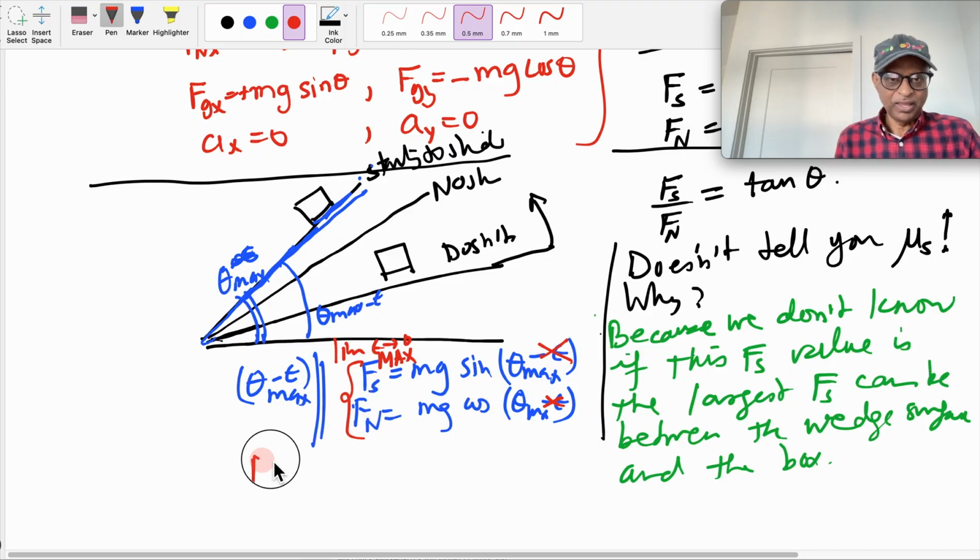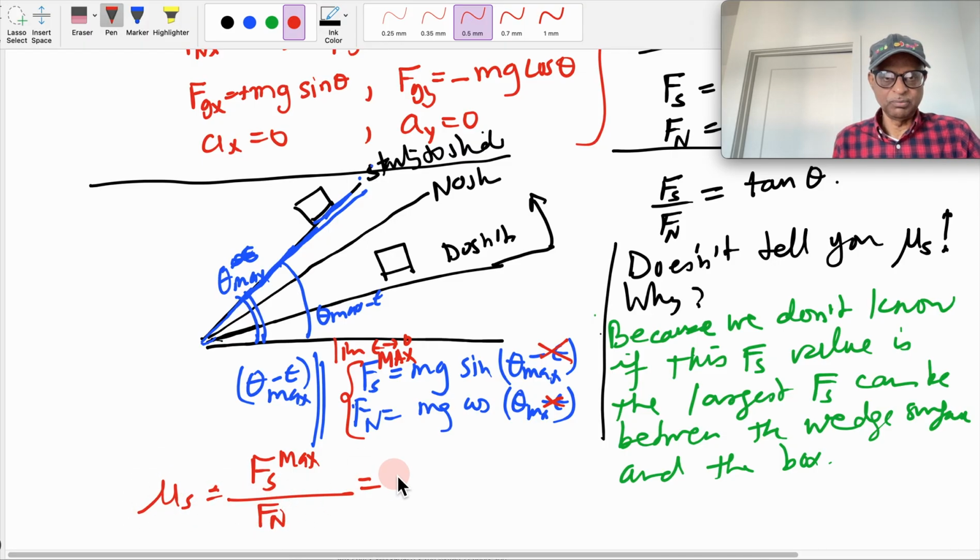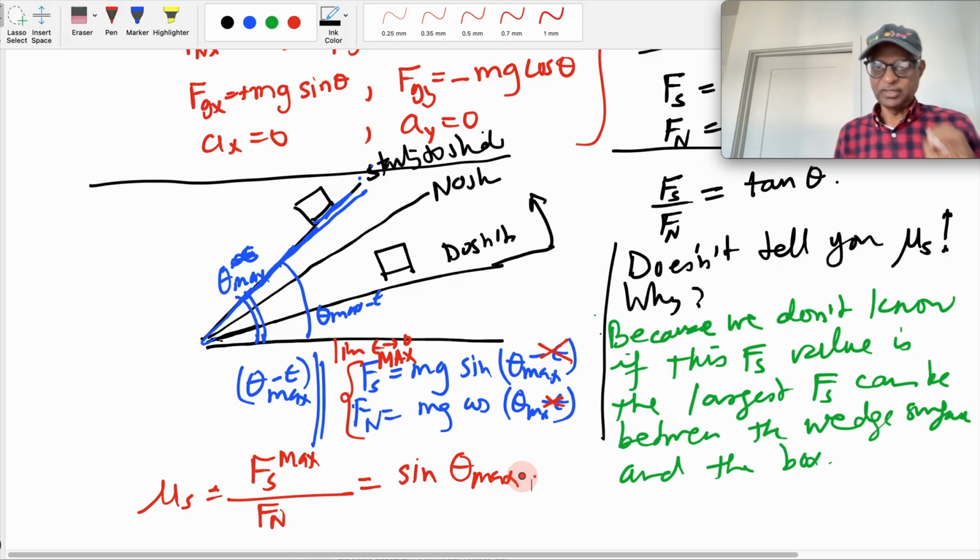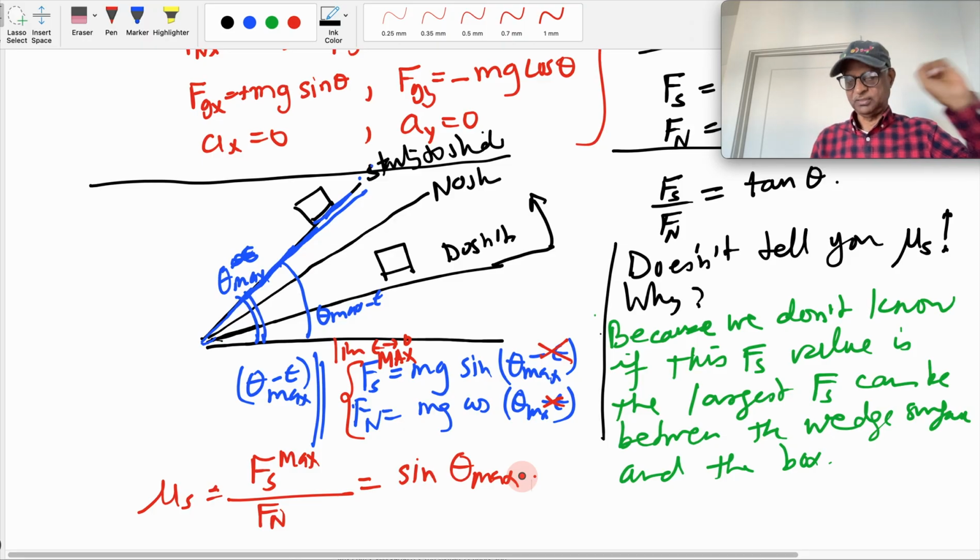So now fs max over fn, that will be the static friction coefficient, and that's going to be tangent theta max. So that's the way the static friction coefficient comes from a limiting process.